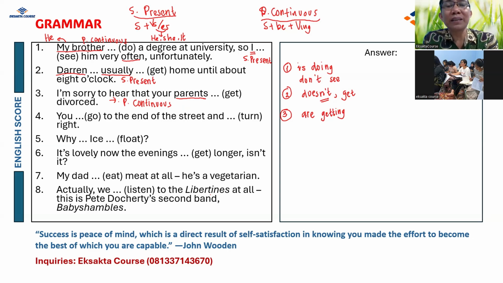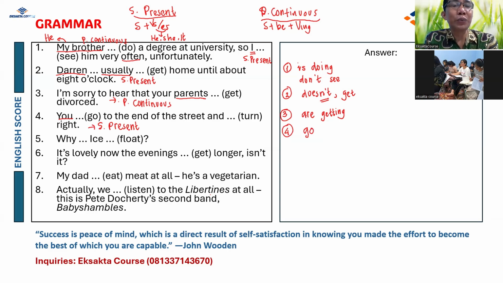Number four, look at here, it uses simple present. Number four: you go to the end of the street and turn right. Okay, you go, not goes, because the subject is you.